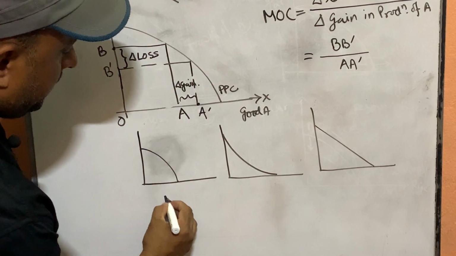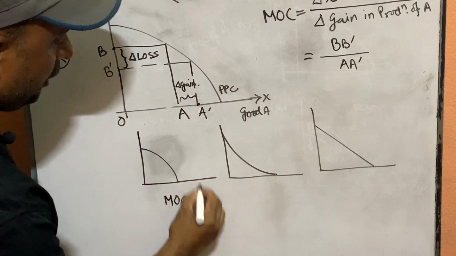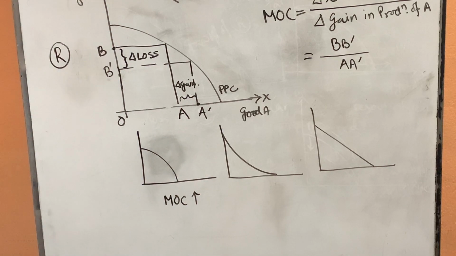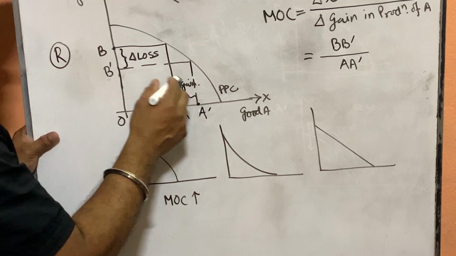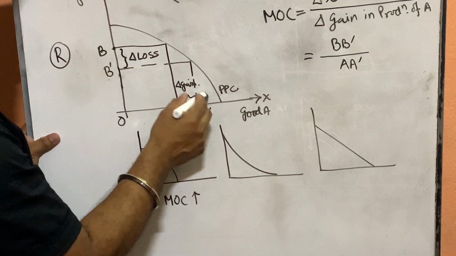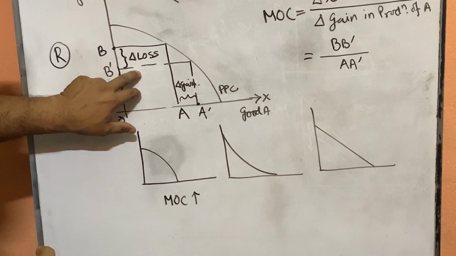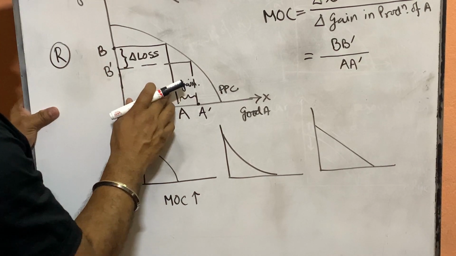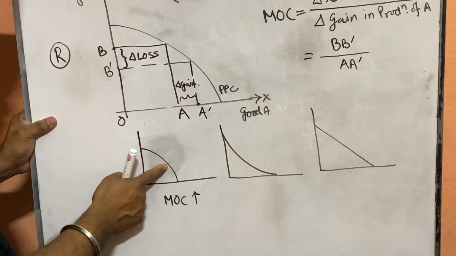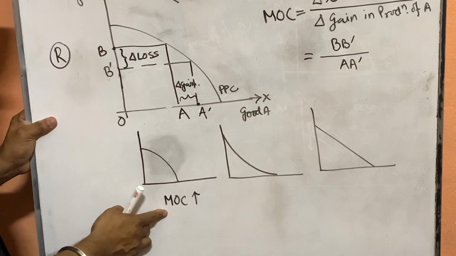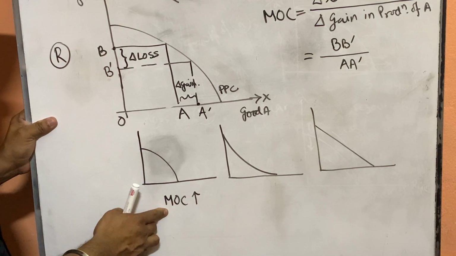Due to the increasing tendency of MOC, PPC is concave to origin. Increasing tendency means when we increase the production of one good, we have to sacrifice more of another good.